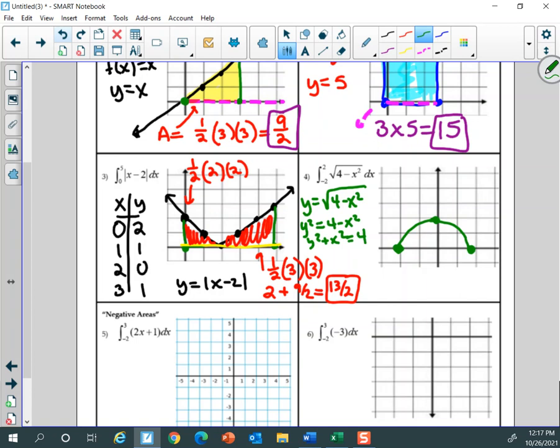It's the top half of a circle. So I'm going to take pi times the radius squared and take half of that. So this is going to be pi times 2 squared divided by 2. Final answer, 2 pi.